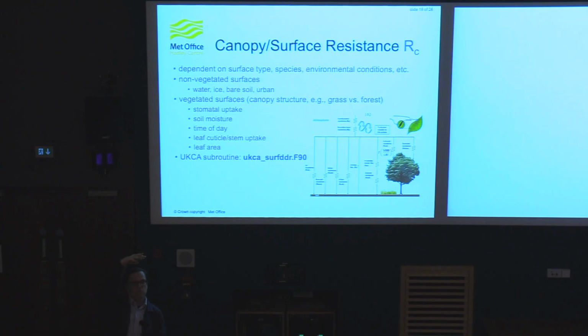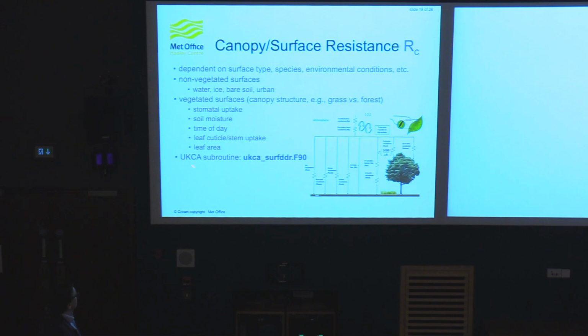So if you would shine light on a tree from the top, it would make a shadow on the ground, and that's sort of the area that the tree occupies in terms of ground. But then when you integrate up over all the area of every single leaf on that tree, that's much larger than just this geometric area that it occupies. So this is measured by leaf area in the models typically.